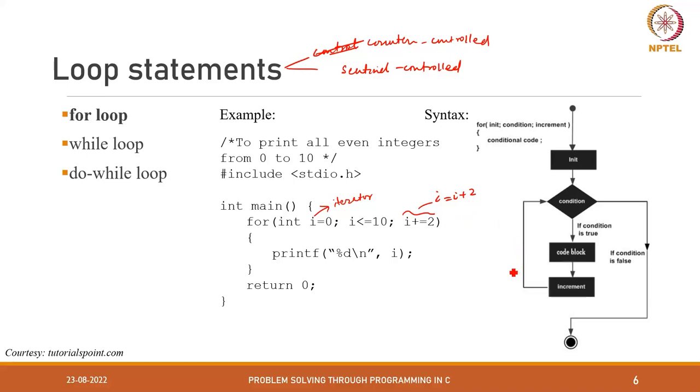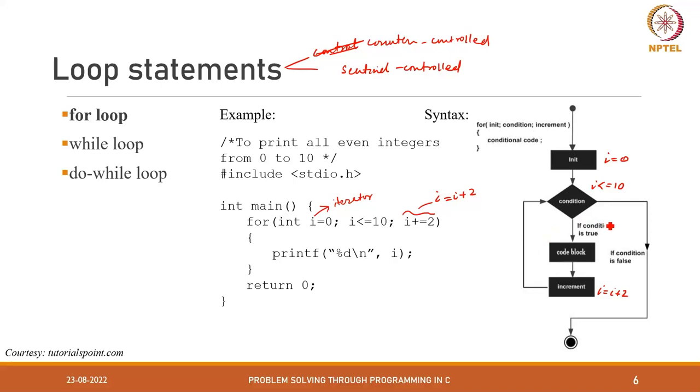First we are initializing it, so here we are writing i is equal to 0. Then we are checking the condition, that is i is less than equal to 10. If the condition is true, it will print this, and then it will increment i's value by 2, and then it will return back and check the condition again. So this will continue until this condition becomes false.